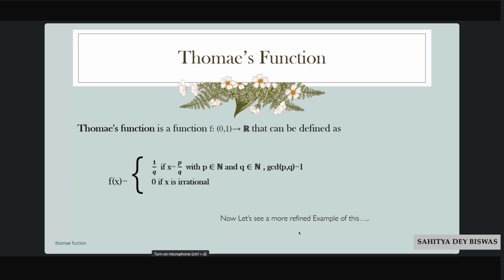If I take the numerator as 0, the gcd will not equal 1, so I cannot say that the functional value is 1 by q. Also, 0 is not an irrational number, so I cannot say its functional value is 0. So I cannot conclude about 0.